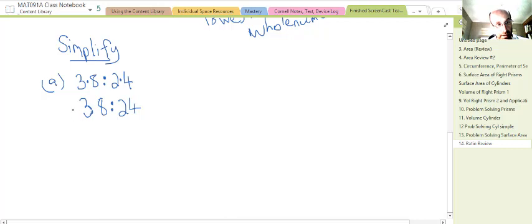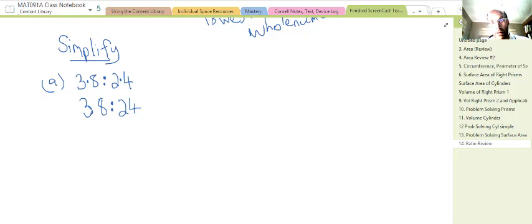So what is the fraction or the number that we can multiply in that goes into both 38 and 24? This is where knowing your times tables is handy. So factors of 38 and also factors of 24. Well, 38 divided by 2, we can try that. Maybe 2's the highest common factor.